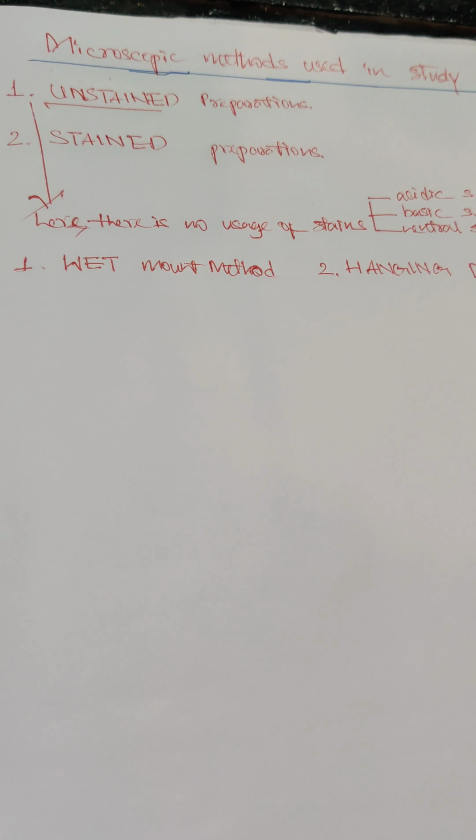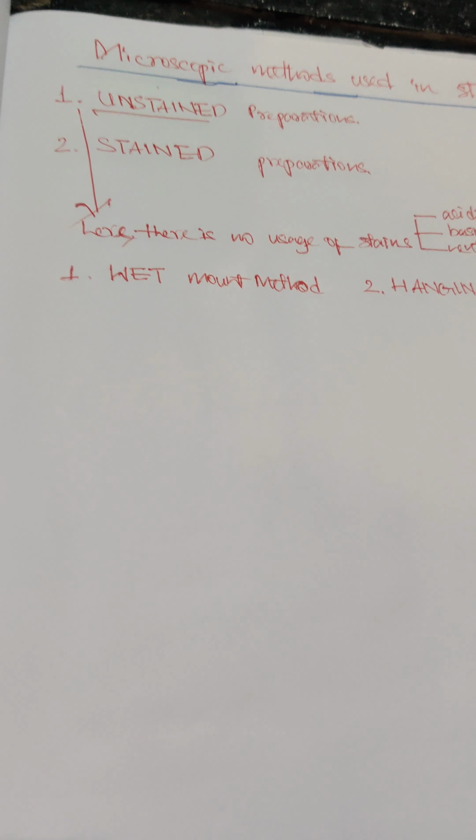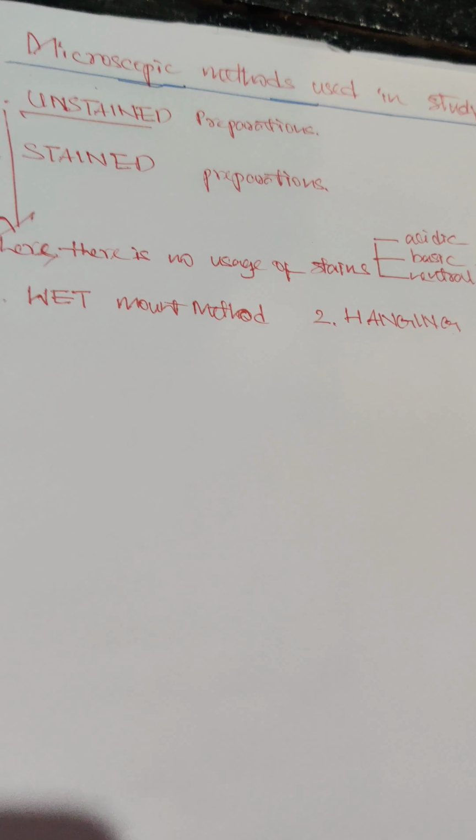Related to those topics, there are mainly two types of preparations. One is the unstained preparation and the second is the stained preparation. For the study of these microorganisms, we stain the bacteria, or sometimes we do not stain the bacteria. So the first topic is the unstained preparation.